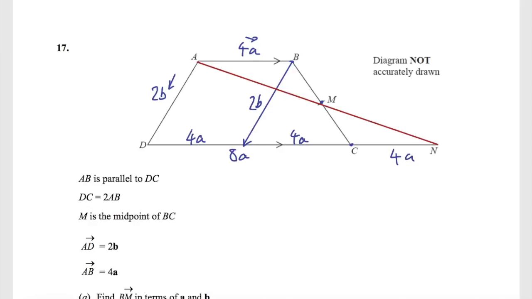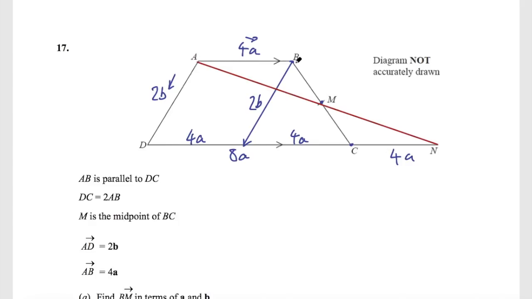One way we can do this is to get the vector for AM and then the vector for MN. And if we can show that they're going in the same direction, or that they're multiples of each other, then we can state that AMN is a straight line. So firstly, how can we get from A to M?